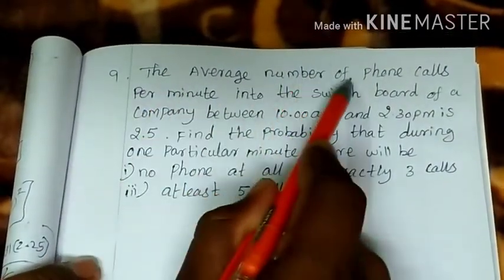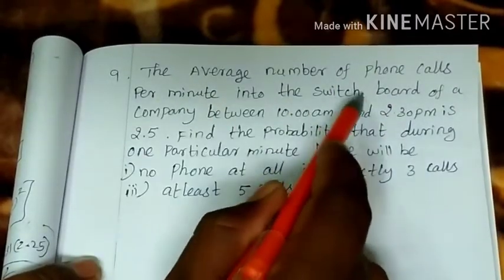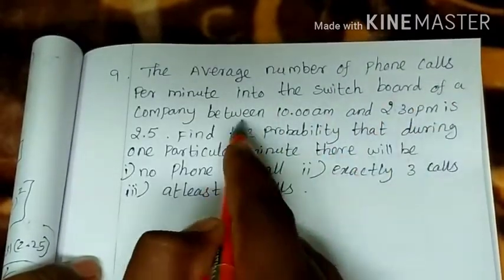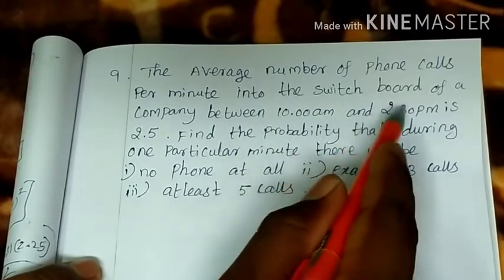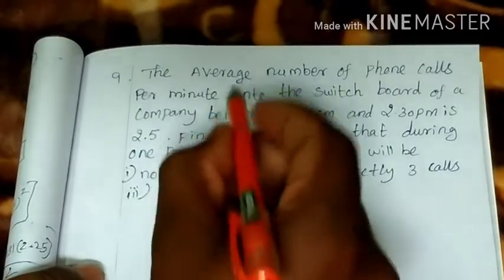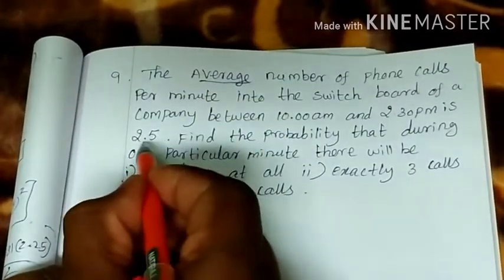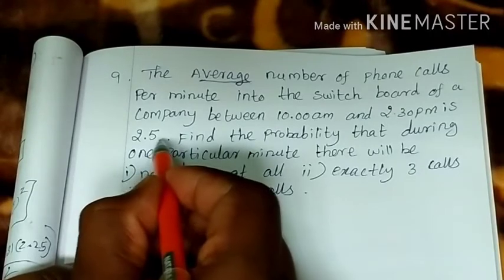The average number of phone calls per minute into the switchboard of a company between 10 a.m. and 2:30 p.m. is 2.5. The mean is 2.5 in your question.